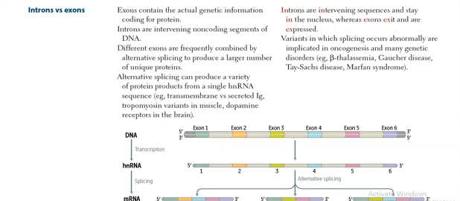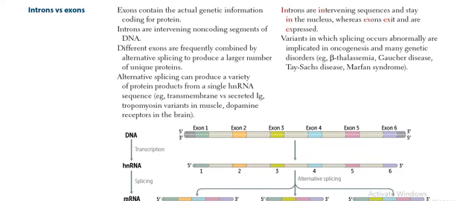Examples are the transmembrane versus secreted immunoglobulin. They are encoded by the same gene, but due to alternative splicing, after the removal of the introns, the random associations of the exons made these two different types of immunoglobulins. Same with the tropomyosin variants formed within the muscle cell.